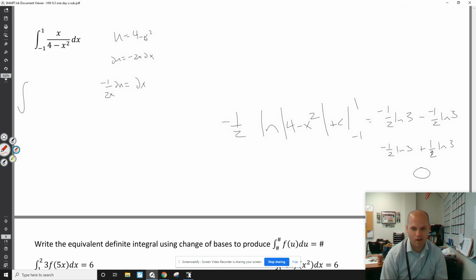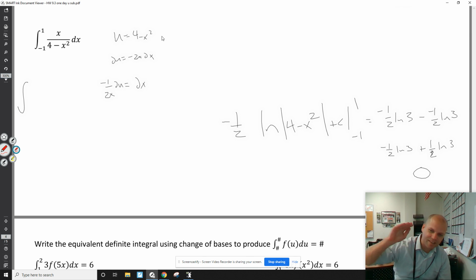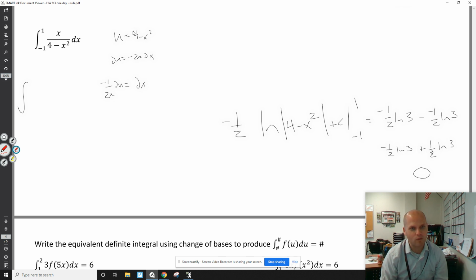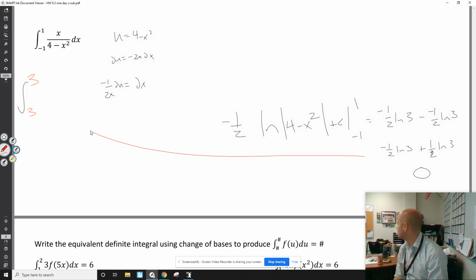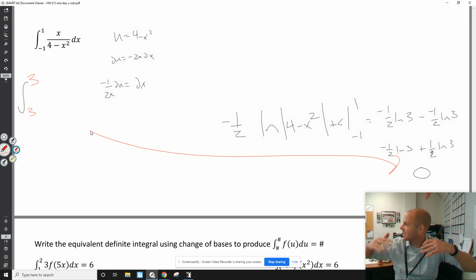When I plug in negative 1, you know what? This is why U-substitution sometimes is so great. If you plug in negative 1, 4 minus negative 1 squared. What's 4 minus negative 1 squared? 3. Plug in 1, what do you get? 4 minus 1 squared. 3. What do you get if you have an integral from 3 to 3? 0. Isn't that sweet? Changing bases is awesome.